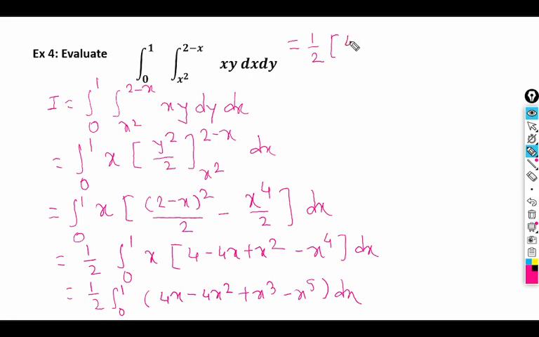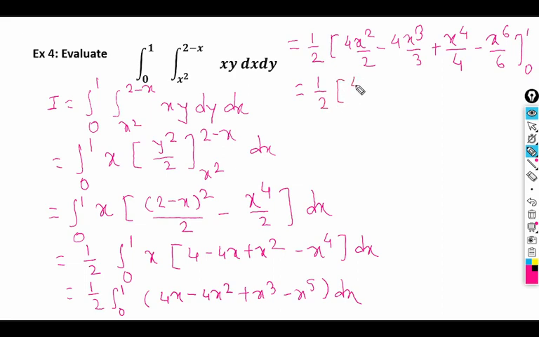Integration of 4x is 4x square by 2, minus 4x cube by 3, then x4 by 4, integral of x cube, and lastly x5, that is x6 by 6, with limits 0 to 1. Just replace the upper limit, because for the lower limit everything is 0. So it is 4 by 2 minus 4 by 3 plus 1 by 4 minus 1 by 6.